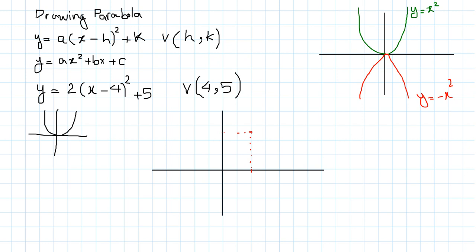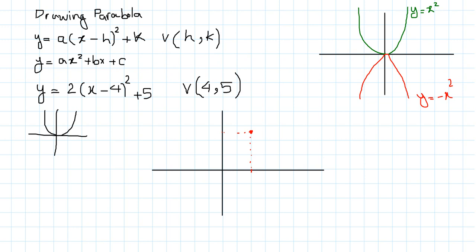This is the vertex point. After finding the vertex point, I know my graph should be concave up. Yes, it is concave up.